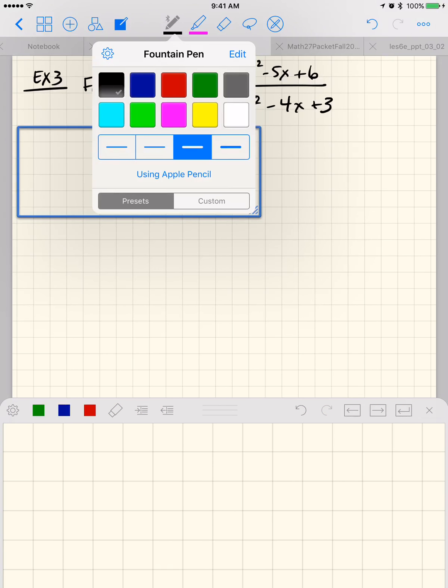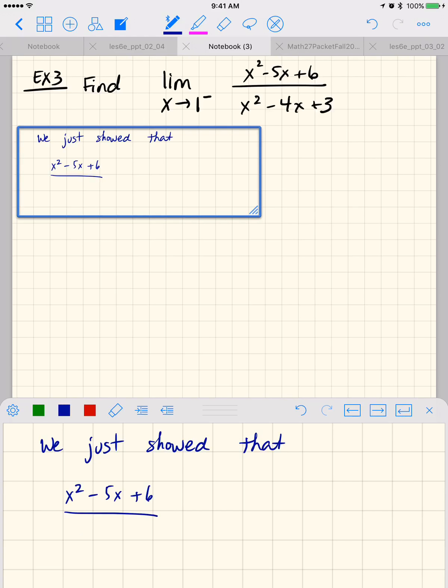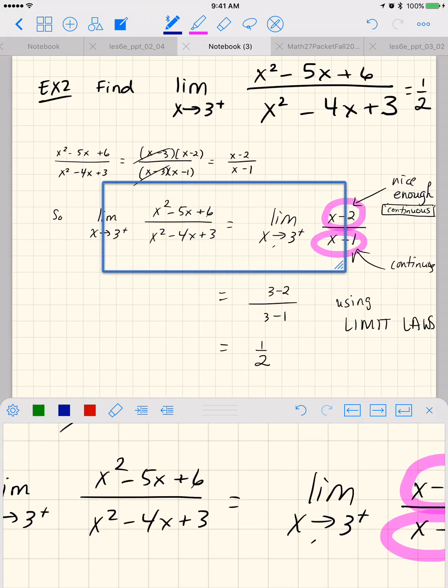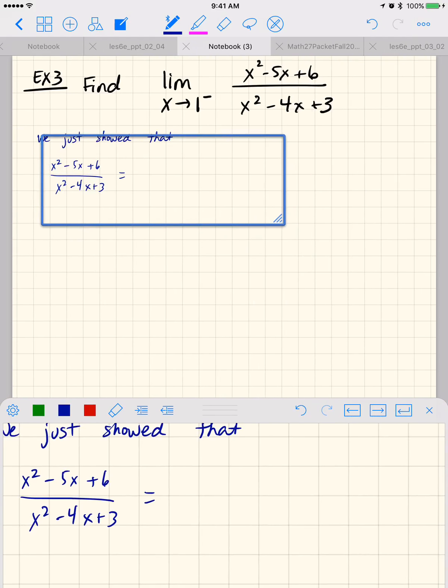We just worked out and we just practiced, we just showed that x squared minus 5x plus 6 divided by x squared minus 4x plus 3 is equal to x minus 2 over x minus 1.